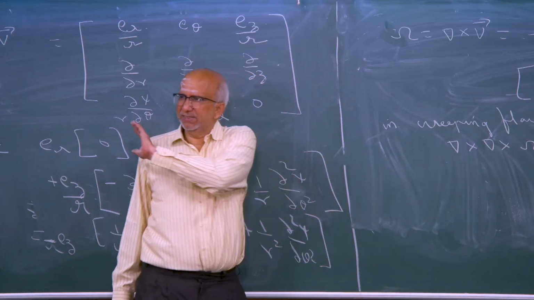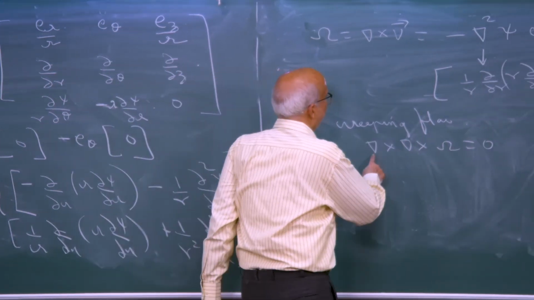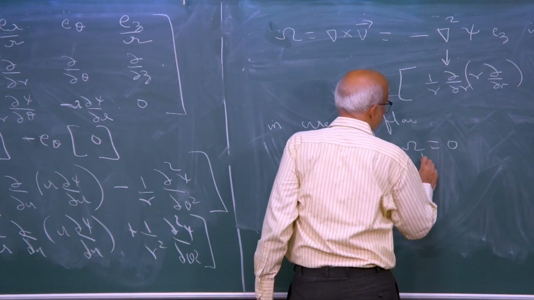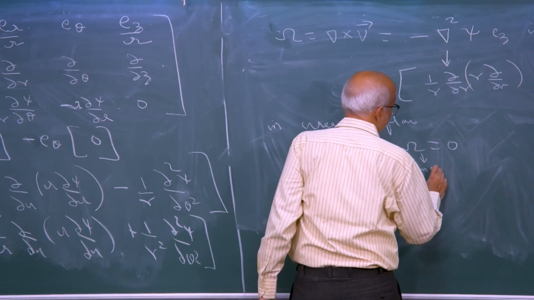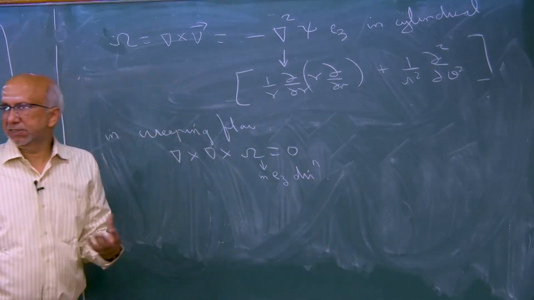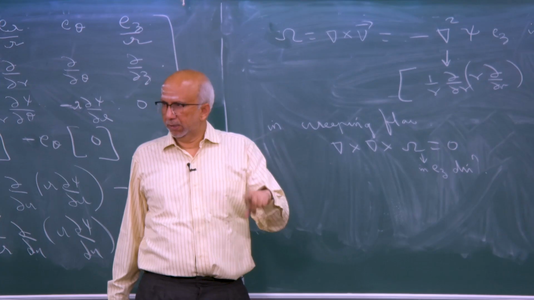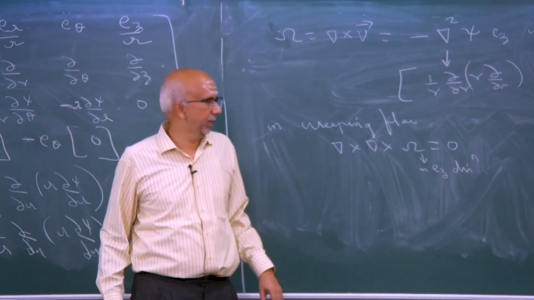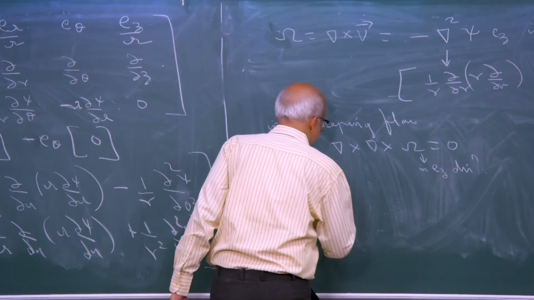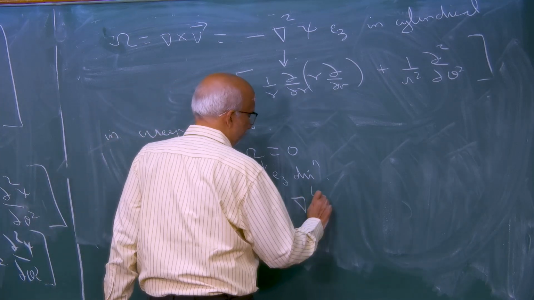The left hand side goes to 0, the inertial terms don't contribute. Omega is again in the E_z direction, so this curl of curl will again give you del squared. So this is basically saying del squared omega is 0, or del power 4 psi equals 0.